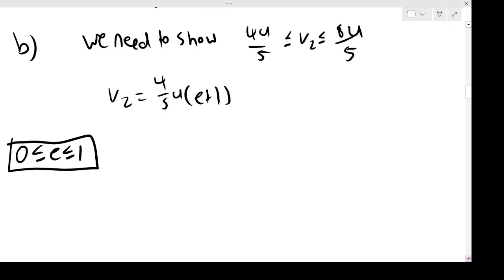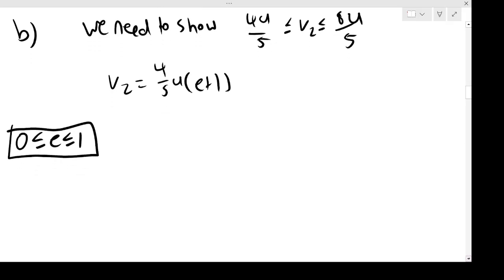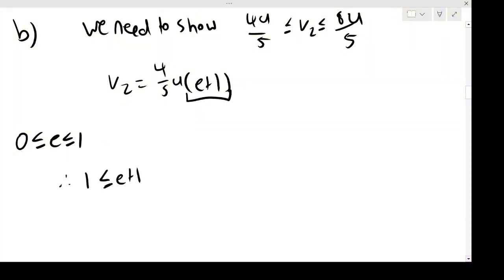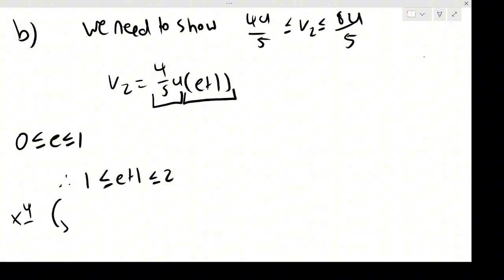Okay. So firstly, if I'm starting from E, let's add 1. So therefore 1 is between E plus 1 and 2. Now we've got the bracket E plus 1, then we need to multiply it by 4/5 U. So we need to multiply the whole inequality by 4/5 U. So 1 times 4/5 U is just 4/5 U. Then 4/5 U, lots of E plus 1.